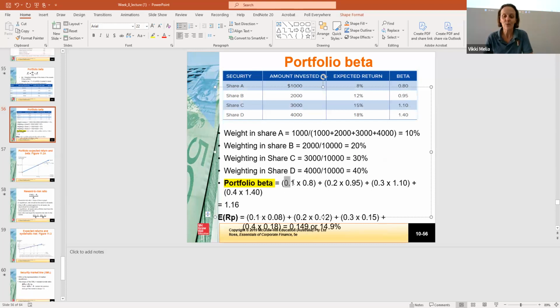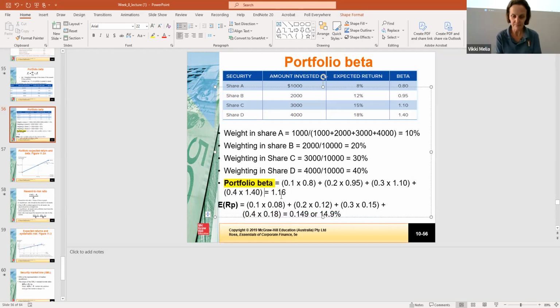So the weighting of 10% multiplied by the beta for A, plus the weighting invested in share B, 20% in B, multiplied by the beta of B, plus 30% of our money is in share C, multiplied by the beta for C, which is 1.1, plus 40% of our money in D multiplied by the beta of D. So we get a portfolio beta of 1.16.